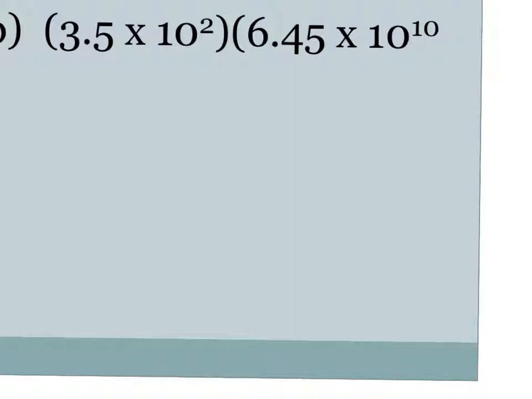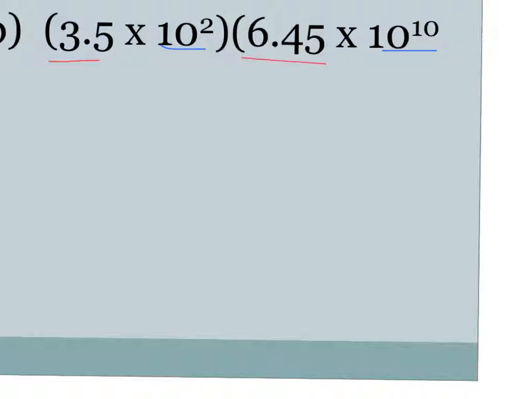Alright, let's move on to our last example in working with exponents, a multiplication problem. Just like with the division problem, we're going to work with it in two pieces. The number before the scientific notation, and then the scientific notation itself. Okay.